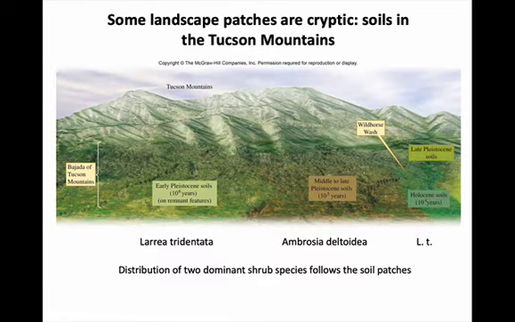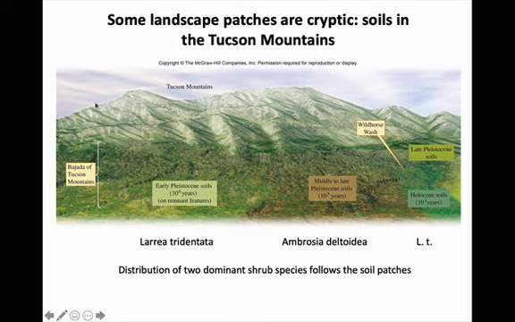Now, a really cool thing about landscape patches is that some of them are obvious, some of them are not. Here's an example of soil patches that are not even remotely obvious to us. We see some changes in the plant communities, but it's not entirely clear why we're seeing those changes.